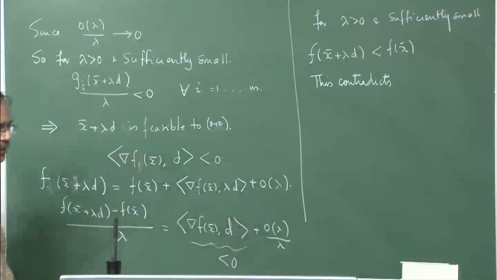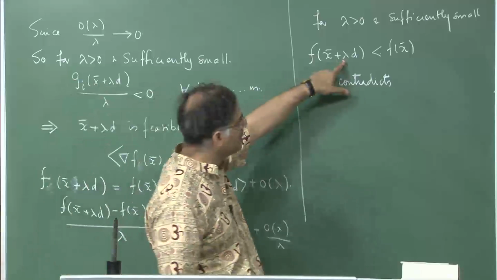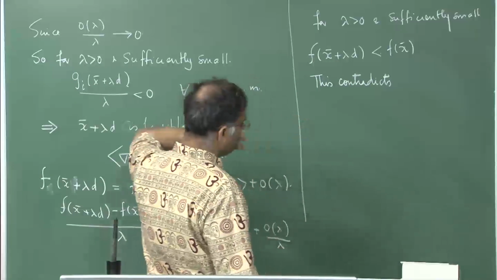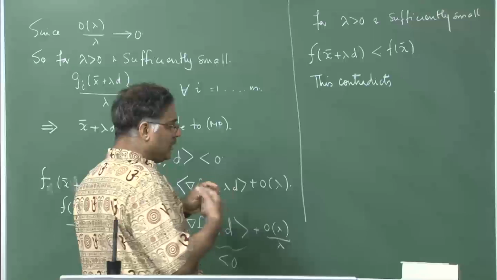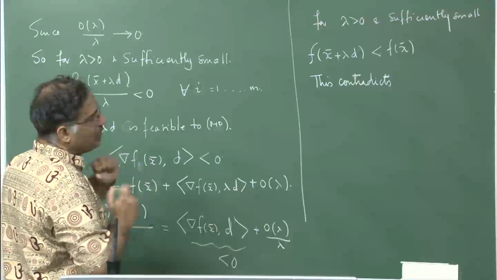Because if I make lambda very small, I can bring x bar plus lambda d into the neighborhood, because x bar plus lambda d is already, I know, feasible, and I can make lambda so small that x bar plus lambda d is in the neighborhood of x bar where that local minimum holds.